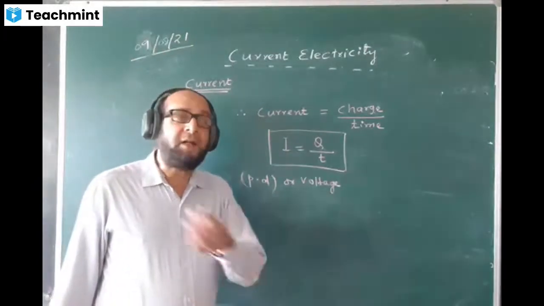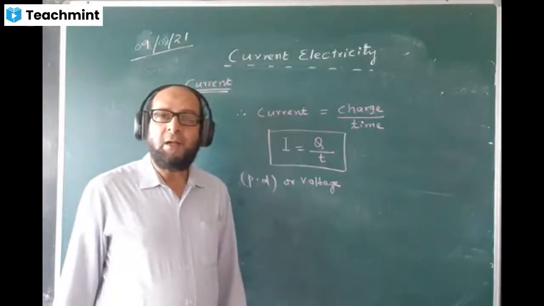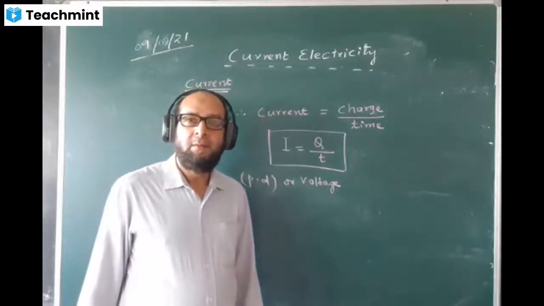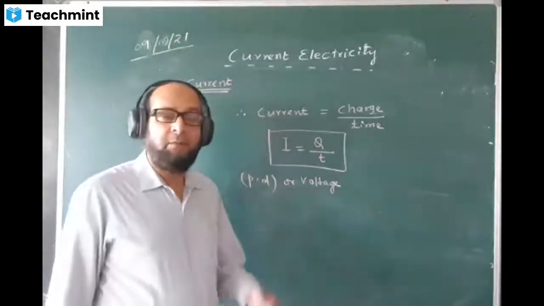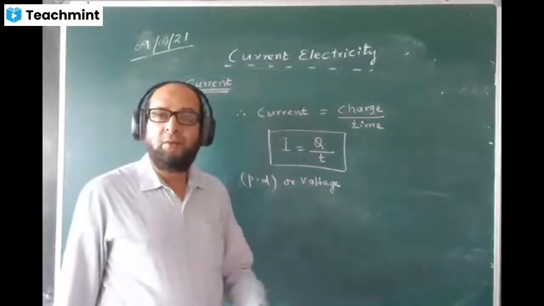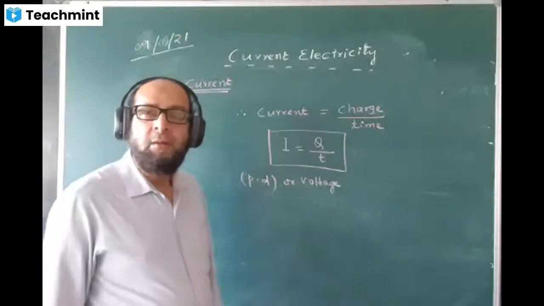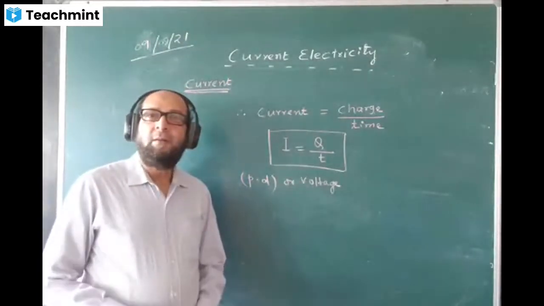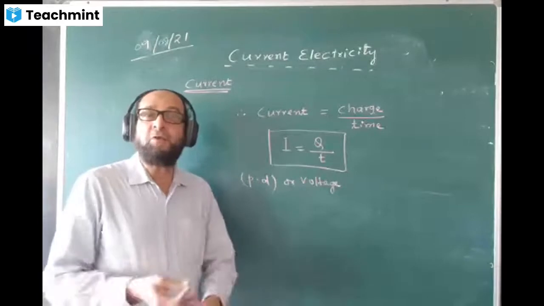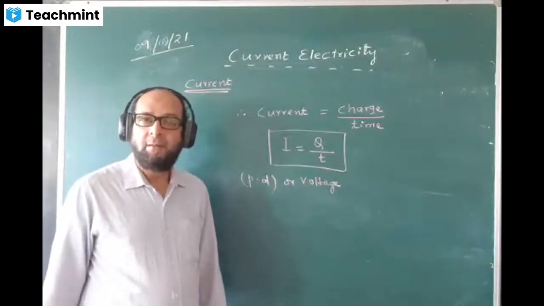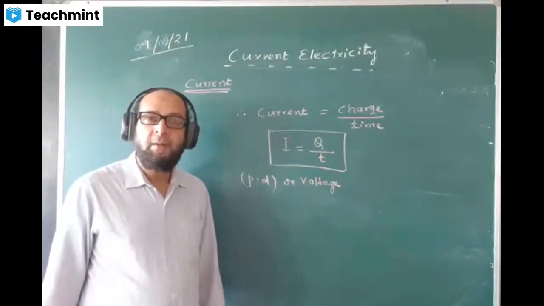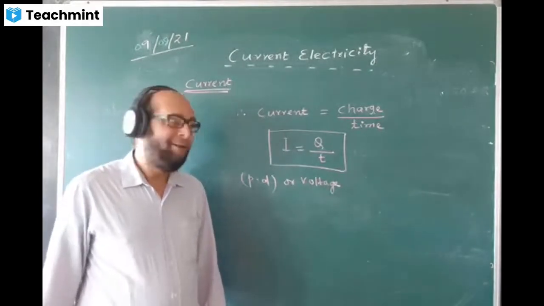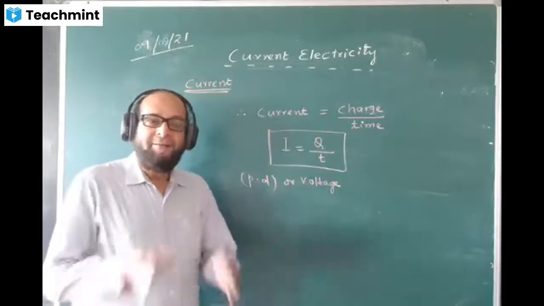Current is flowing in a conductor. The conductor is not a medium. For the flow of electrons, it cannot pass through a medium like vacuum? Sir, can it pass through vacuum?